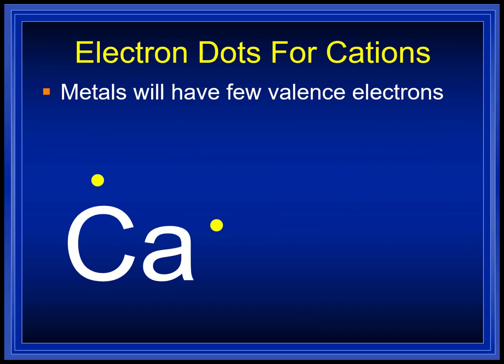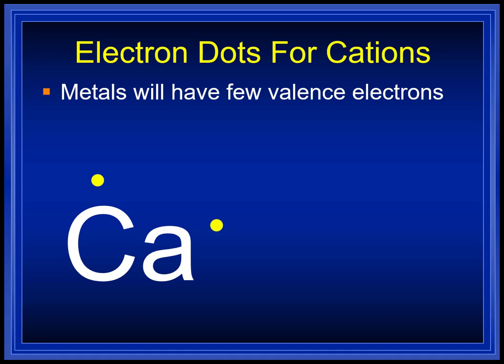So in your bell work today, you did calcium. Calcium should have had 2 dots. Okay. In fact, metals will always have just a few valence electrons. Why? Well, where are metals on the periodic table? They're over here on the left where the group numbers are 1, 2, and 3. Right?